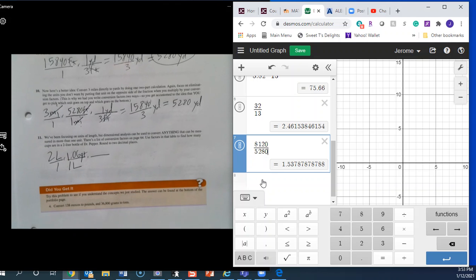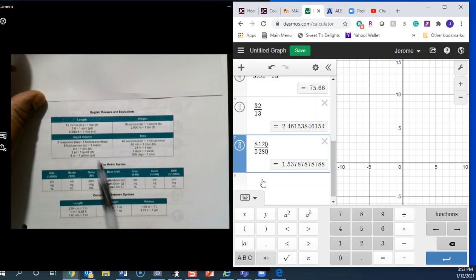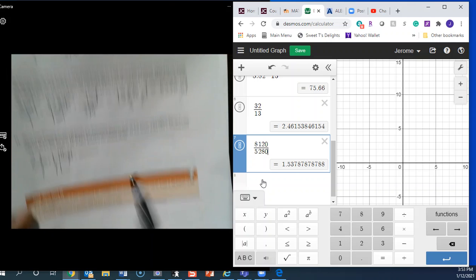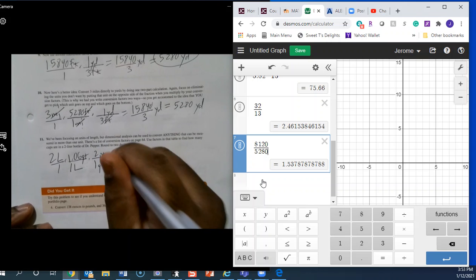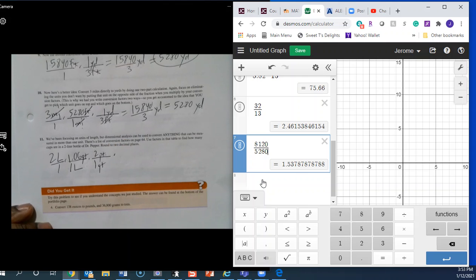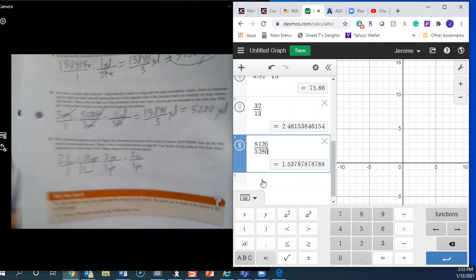Now that we have quarts, we could change quarts to pints. You look here, 2 pints is equal to 1 quart. Okay, now we want to change pints to cups. It takes 2 cups to equal 1 pint.